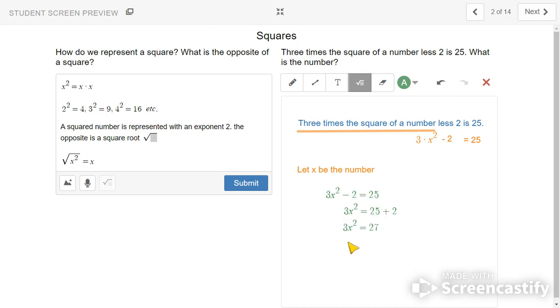I'm going to divide by the coefficient. And the reason we have to divide by the coefficient first is because when we do algebra, we're doing the backwards of order of operation. So I have to deal with the multiplication and division of the 3 before I do the exponent 2.